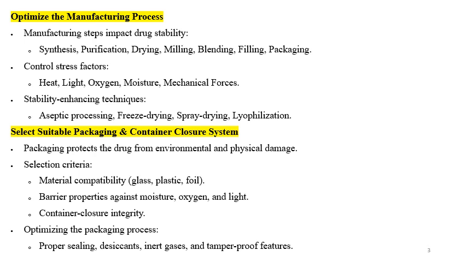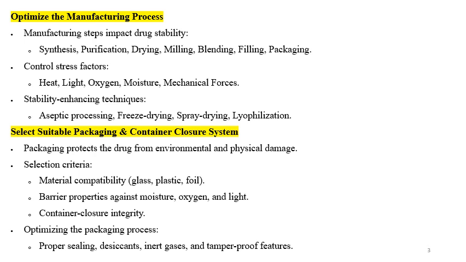Then select suitable packaging and container closure system. Based on the formulation design and the stress factors for the APIs, the best packaging can be selected. The packaging system holds the formulation and protects it from the environmental conditions and the physical damage.